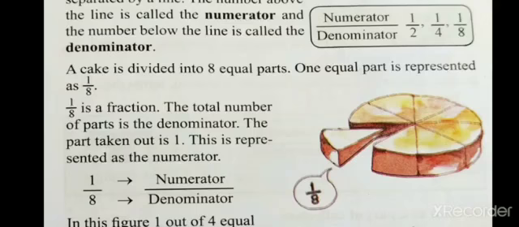The part taken out is 1, and this is represented as the numerator. So here, there are 8 equal parts, and among that, one part is taken out. To represent that as a fraction, we write 1 by 8. So 8 is the total number of equal parts, that is the denominator, and 1 is the part which is considered among the 8 equal parts, that is the numerator.